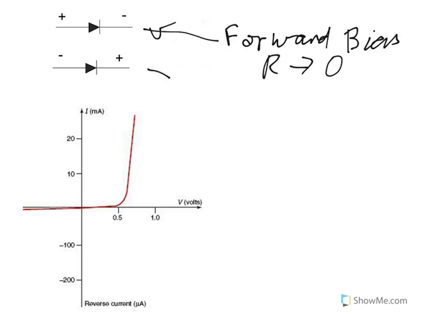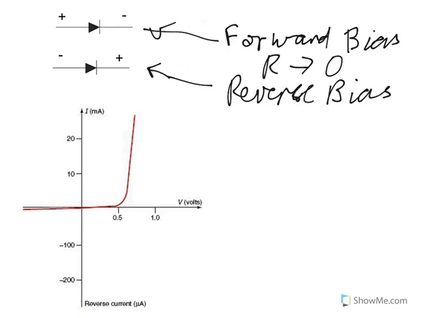The second one here is what we call reverse bias, because we're trying to get the current to flow the direction it can't. The line there is like a wall, you can't get through the wall. So with reverse bias, it's a very high resistance, close to infinity.